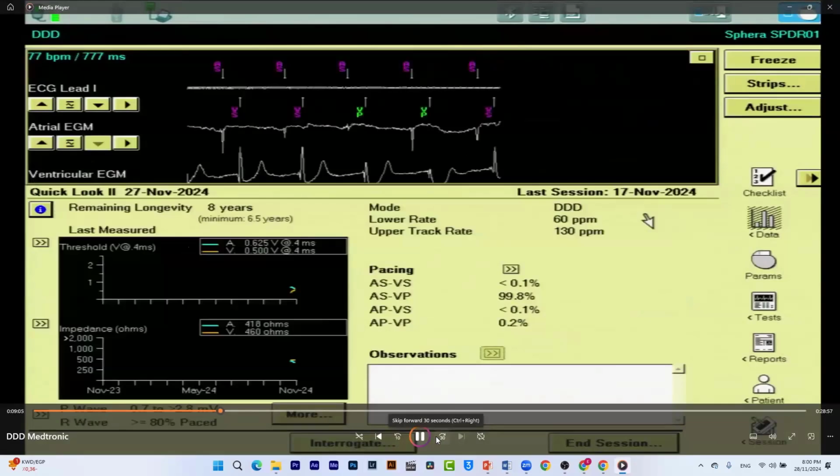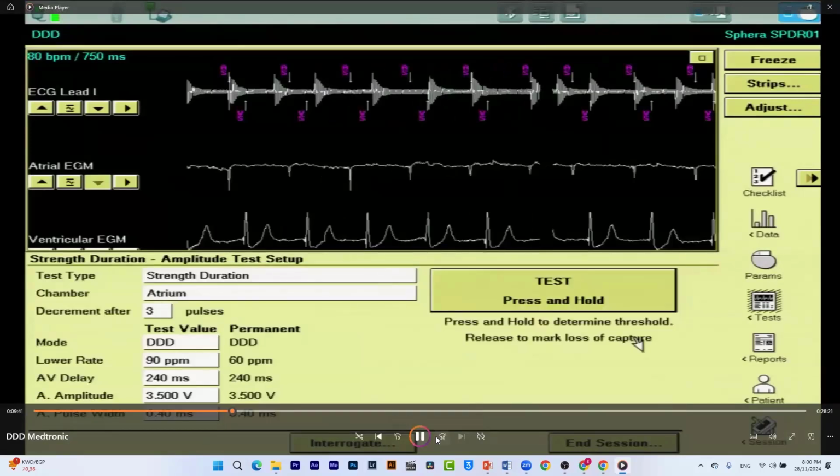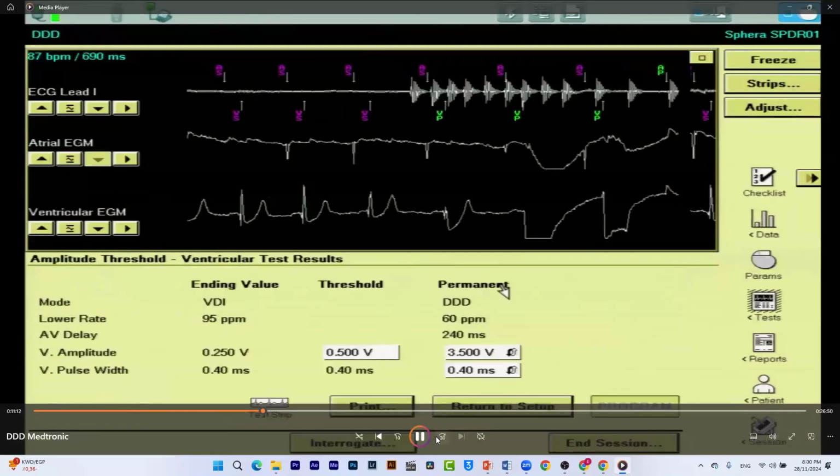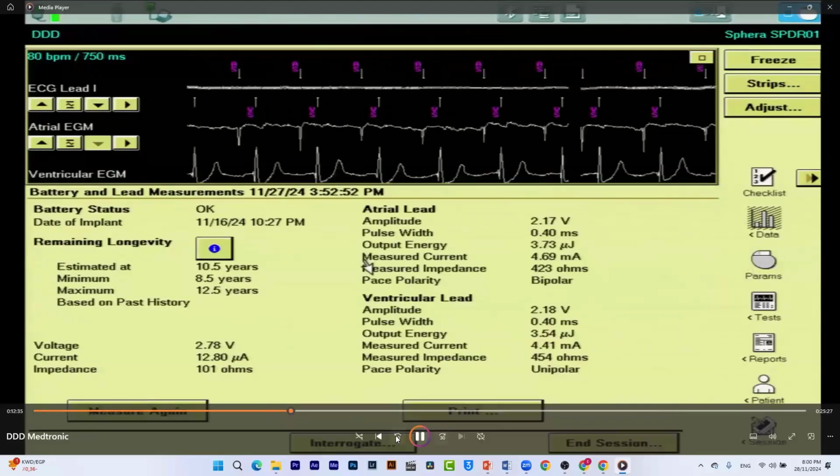Every pacemaker, you can do an EP study by the device, mainly in DDD pacemakers. And then I adjust my parameters at the end, keeping the intrinsic rhythm, and battery increased from 9 years to 12.5 years.